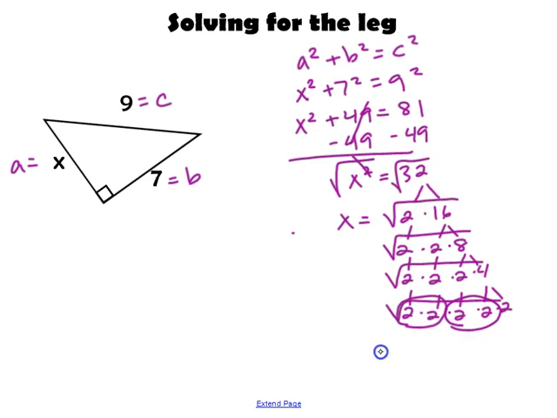So these 2's pair up and one will get out. These 2's pair up, another will get out, and this 2 has to stay underneath the radical. So our last step is to simplify any numbers that are outside of the radical and any that are inside. So our final answer is x equals 4 times the square root of 2.